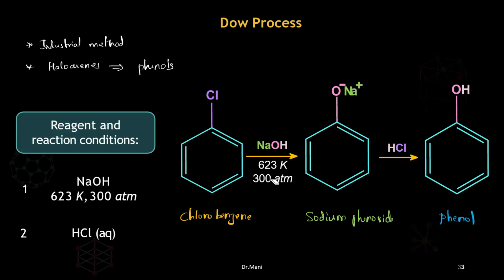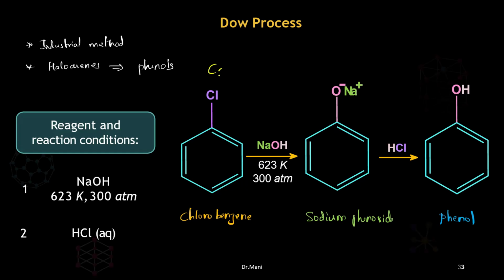So high temperature and high pressure. So finally, you are getting the sodium phenoxide. And this sodium phenoxide, you treat with an acid, hydrochloric acid. Finally, you will get the phenol. Understood? So this is a two-step process. In order to get the phenol from haloarenes, you need to go with a two-step process. So one is chlorobenzene to sodium phenoxide. The other is sodium phenoxide to phenol.